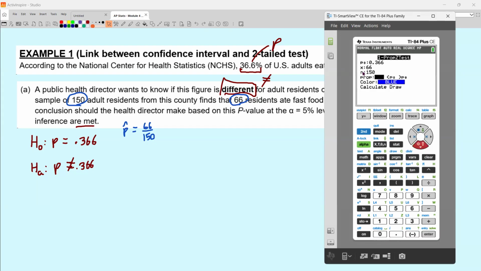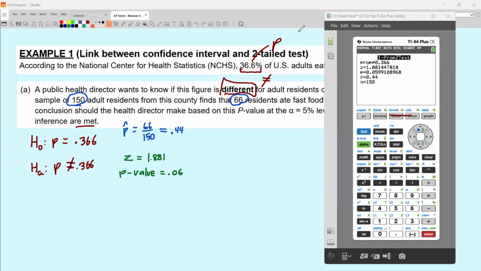Because this is a two-tailed test, I'm going to leave this as not equal to, and I'm going to go down to calculate. It's going to give me a z-test statistic, a p-value, and a sample proportion, which is the 66 divided by 150. So let's write that information down. In this example, I'm not going to go over the hand calculations for this.